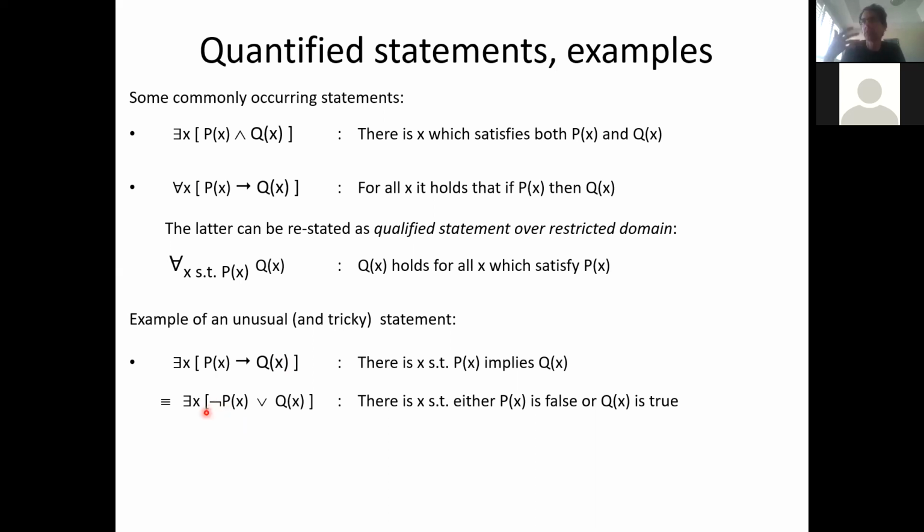So this statement is a natural one. It says there exists an x for which one of the two conditions hold. Either x falsifies predicate P, or Q holds for x.